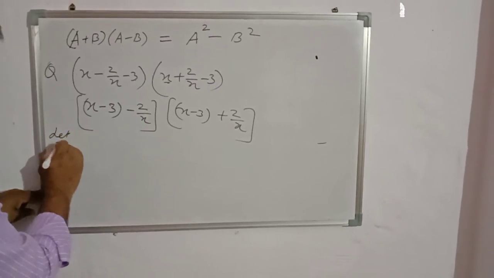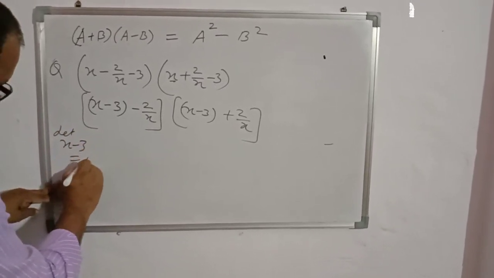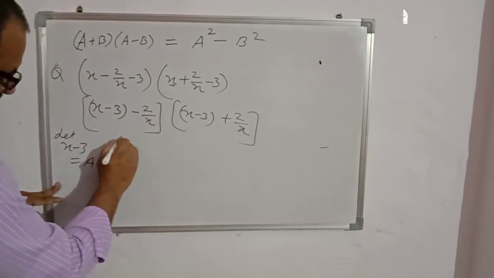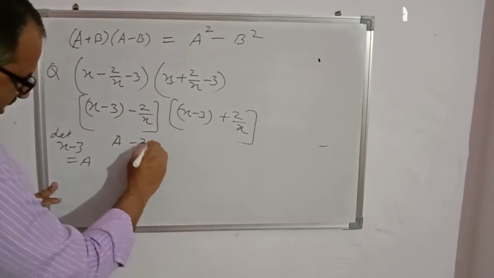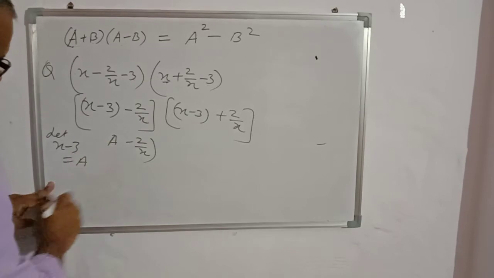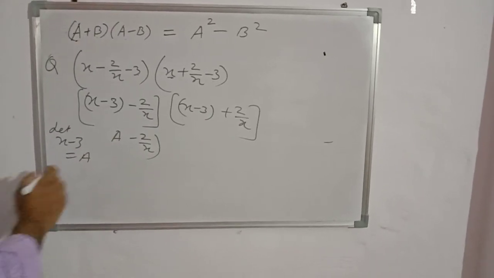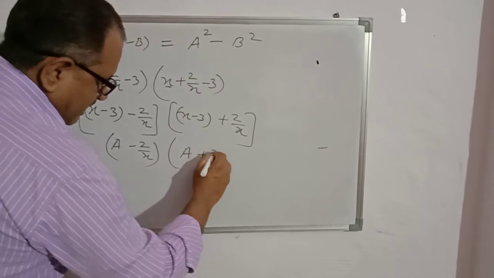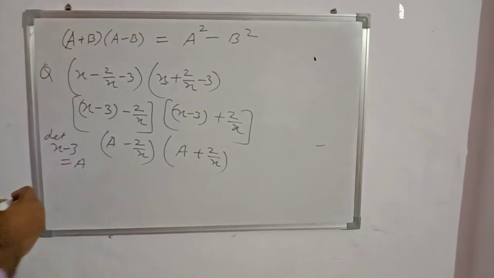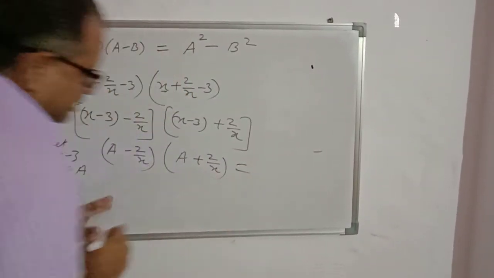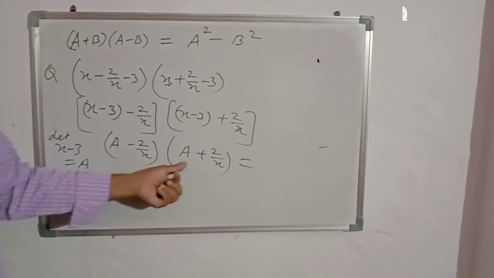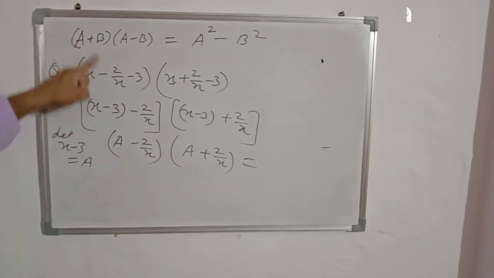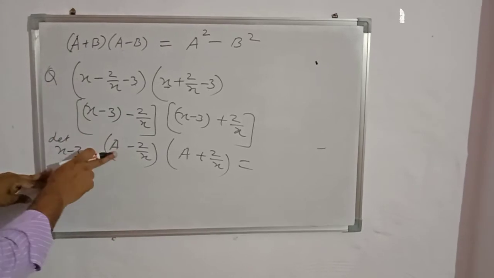So let x minus 3 be equal to a. So we can write here a minus 2 by x, or x minus 3, which we have supposed a, plus 2 by x. Now we see that there are two terms in each bracket. We can compare from here. What is in place of a? x minus 3.